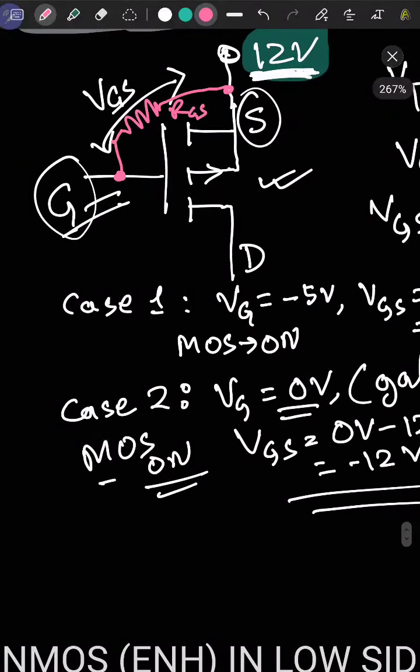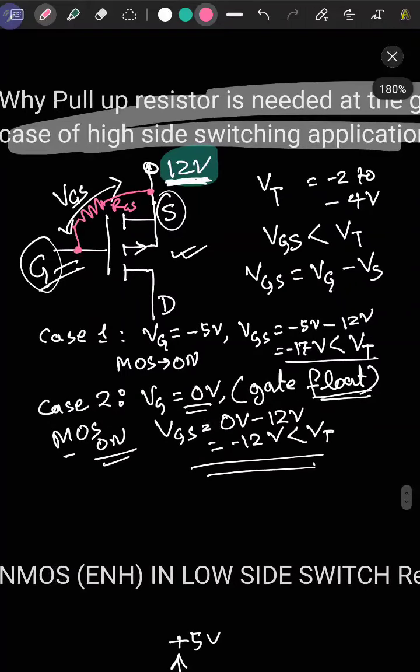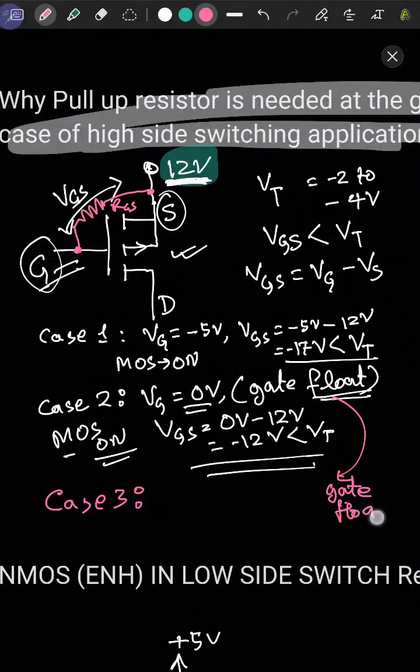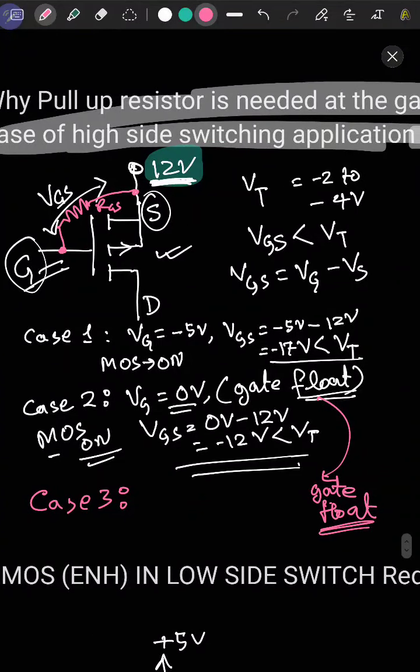What RGS does is, it gives us case 3, that is when the gate is floating, with no external voltage given at the gate, then your VG will be pulled up to 12 volt because it is pulled through the resistor.